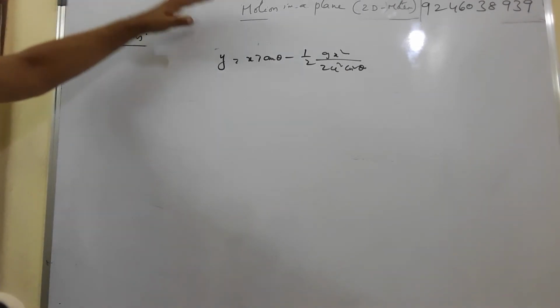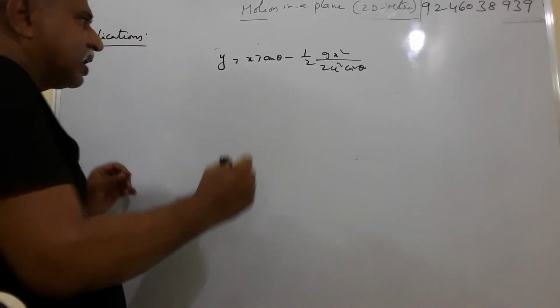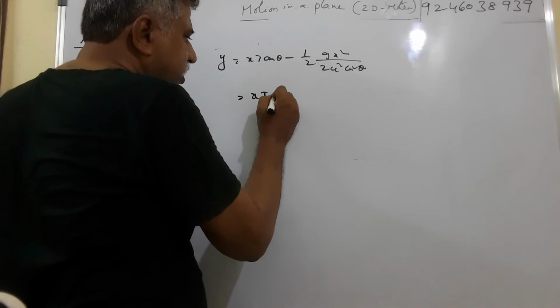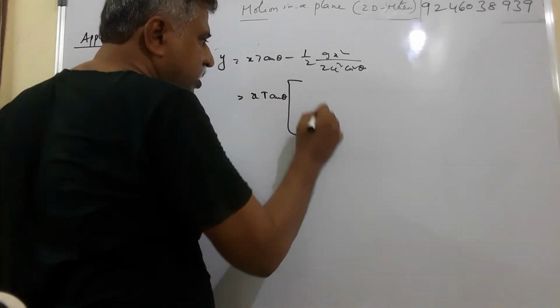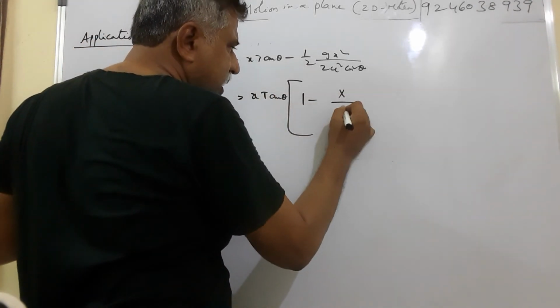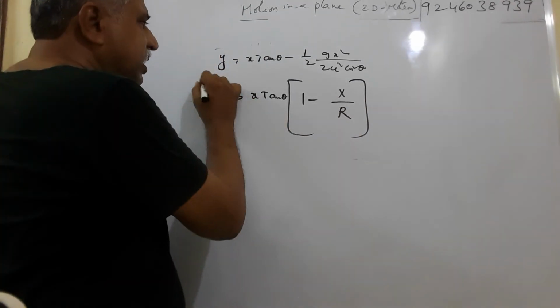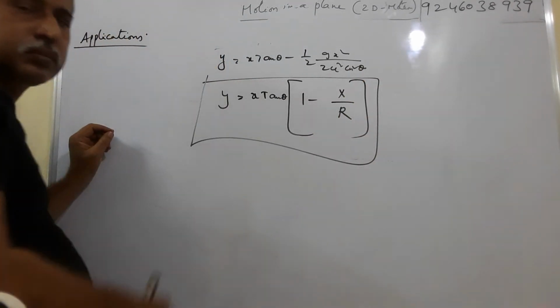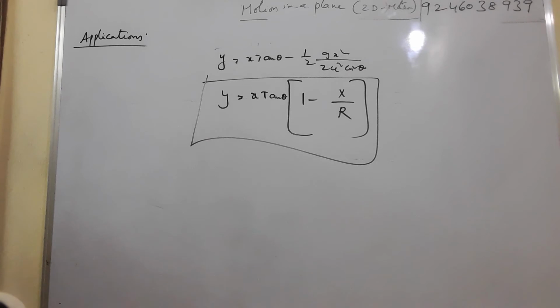If you simplify this one, x tan theta is common here. What you get? 1 minus x by R. This is another relation. If you take x tan theta common, we get that relation, 1 minus x by R, where R is the range.